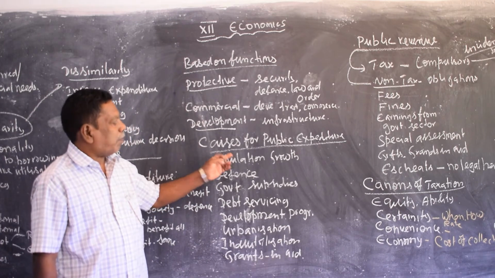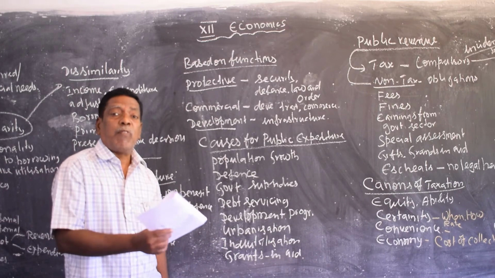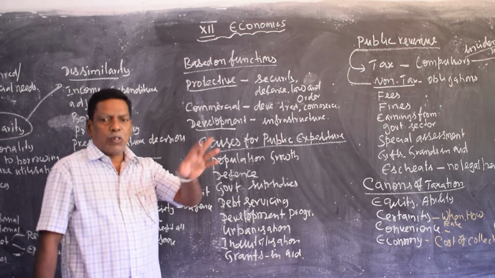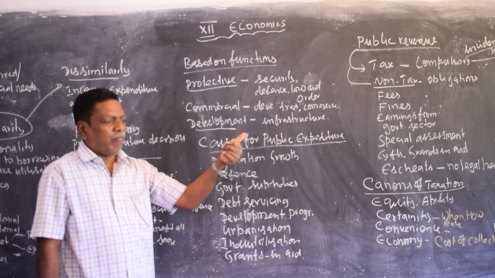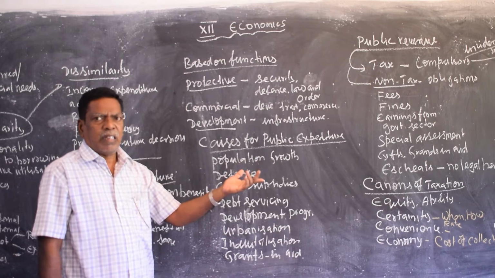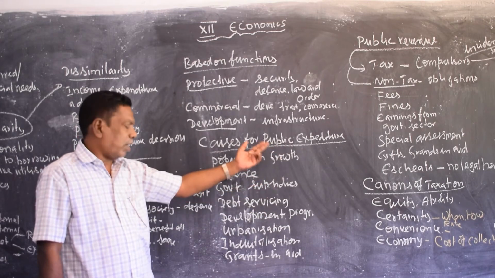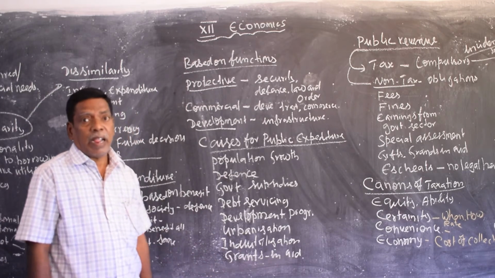Population growth is there. When population growth is there, urbanizing people migrate from the town and agricultural area to the industrial area. They need housing facilities, employment facilities, recreation facilities, educational facilities, and other related things. For all these related things, the government is spending. So expenditure is increasing. And finally, we have grants in aid.